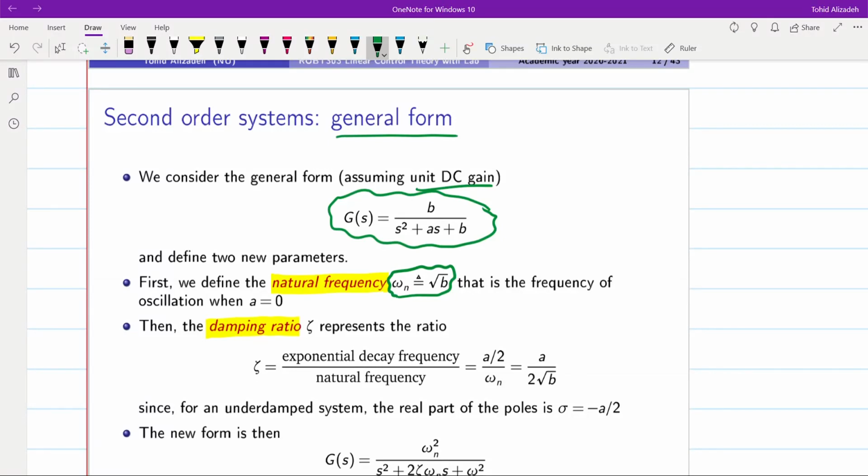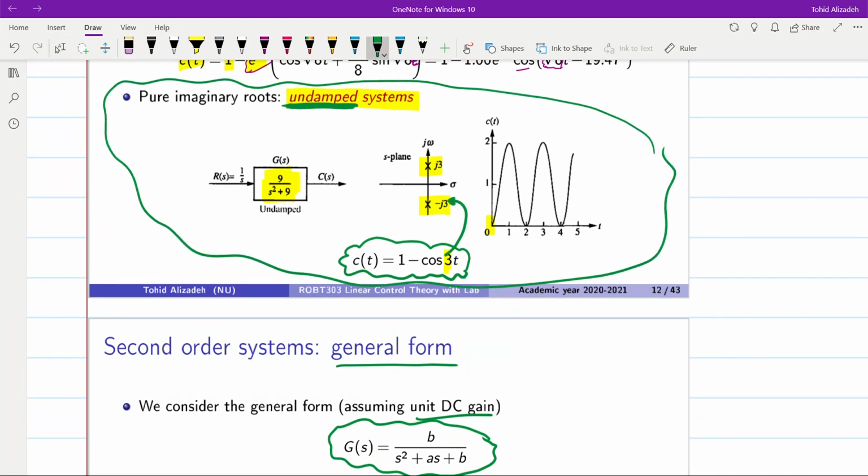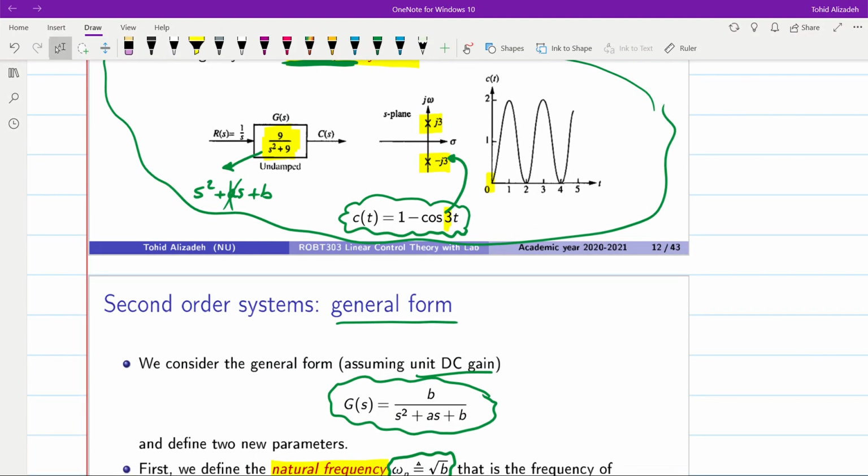Natural frequency, or omega n, is defined as square root of B. And that's indeed the frequency of oscillations when A is equal to 0. So when A is equal to 0, we had the undamped case. You can see here that at the denominator we have A equal to 0, because it's in the form of S squared plus AS plus B. And then we had B equal to 9, so omega n, which is equal to square root of B, is equal to square root of 9, and it's equal to 3.